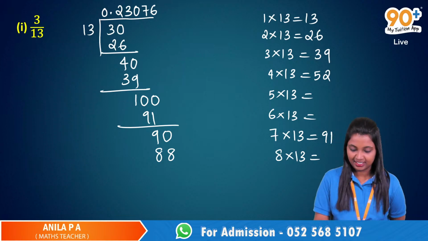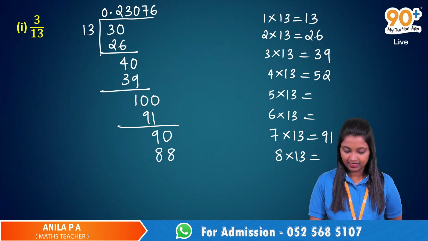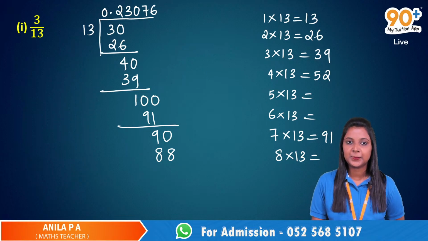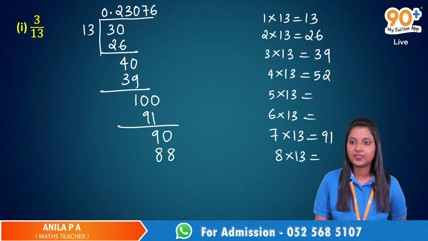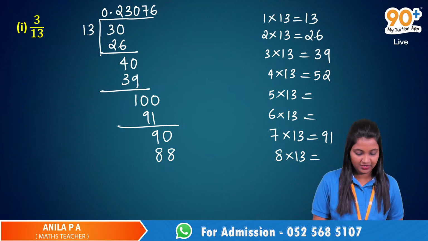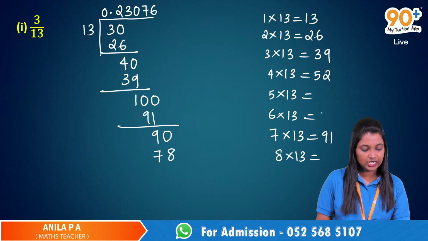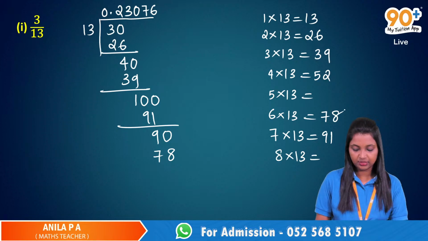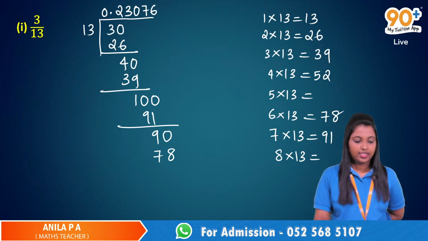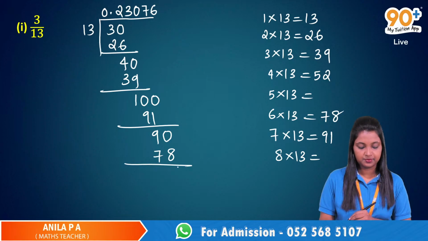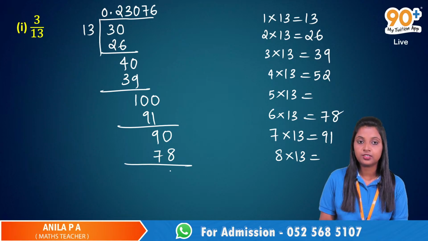Are you sure? 78. Okay, 6 13s are 78. Now we subtract. Now we get 12.